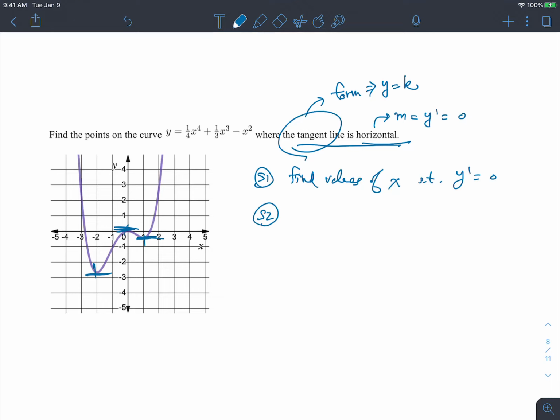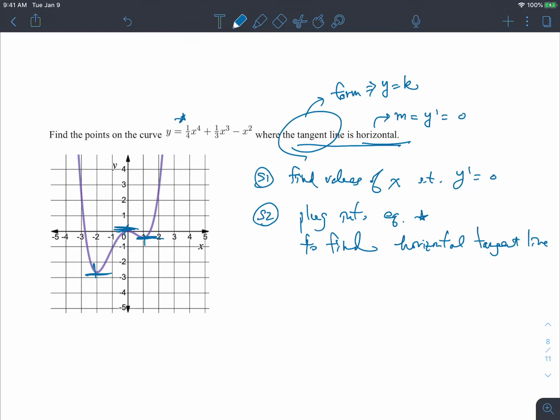Then find the set x to plug into the equation star to find the horizontal tangent line.